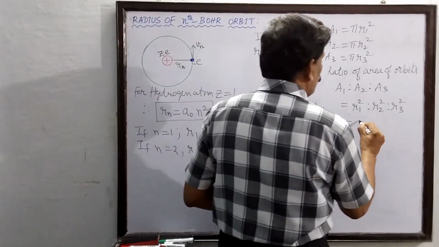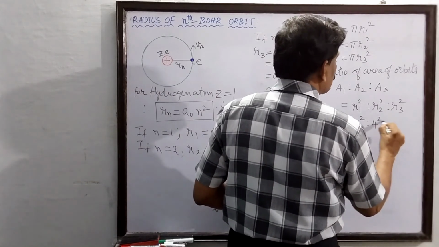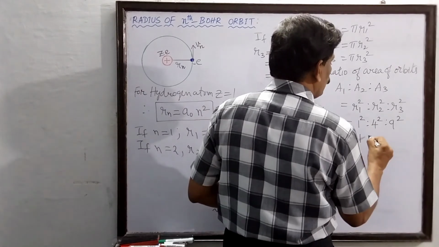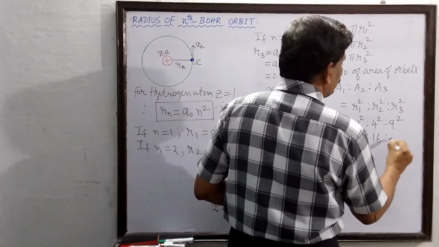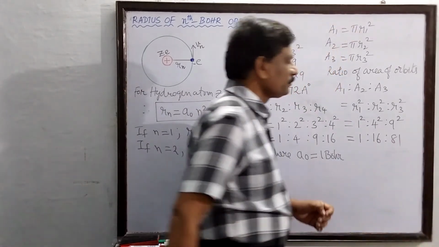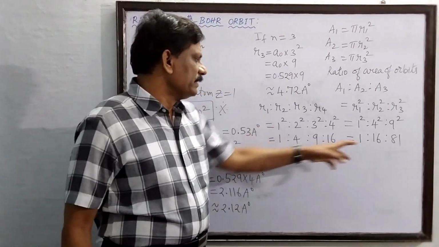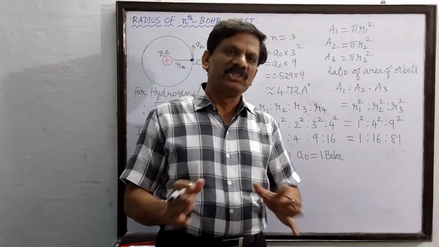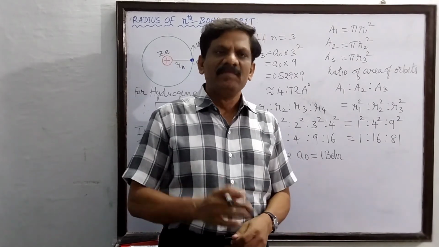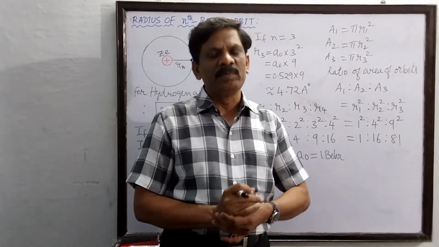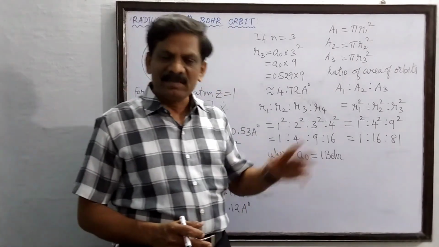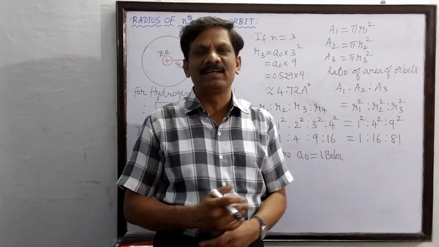So this is 1 square is to 4 square is to 9 square, which is equal to 1 is to 16 is to 81. These two questions, the ratio of the radii of orbits and the ratio of the area of orbits, will be regular questions in all the competitive exams like NEET and IIT. I hope you have understood. Let us meet in the next video for the energy of the electron in the orbit.